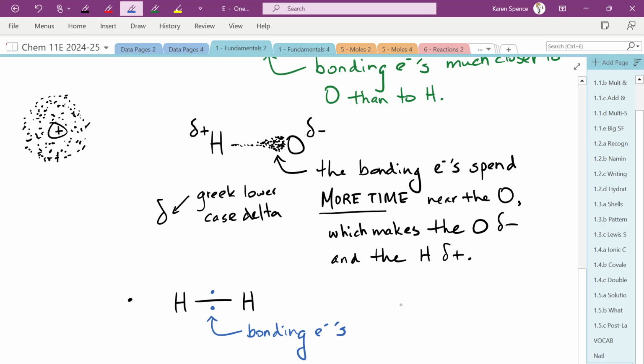They have the same electronegativity there. Therefore, they pull on the electrons with the same strength.